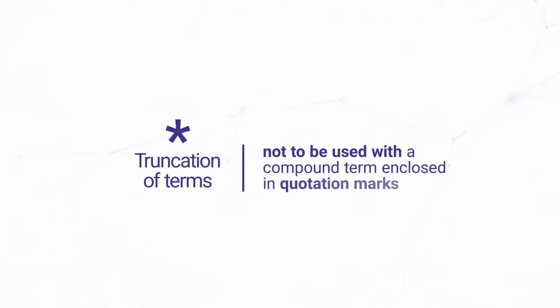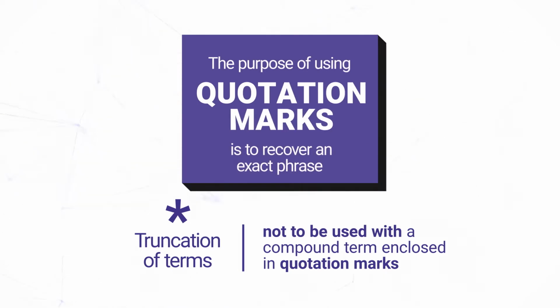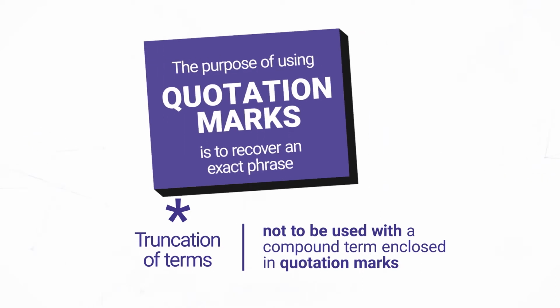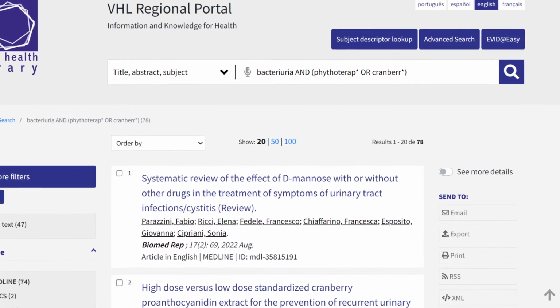Another important feature is the truncation of terms, represented by the asterisk or star sign. This feature should not be used with a compound term enclosed in quotation marks. Remember that the purpose of using quotation marks is to recover exactly the phrase you typed. Regarding the use of truncation, let's look at its function and when to use it. See the example on screen.